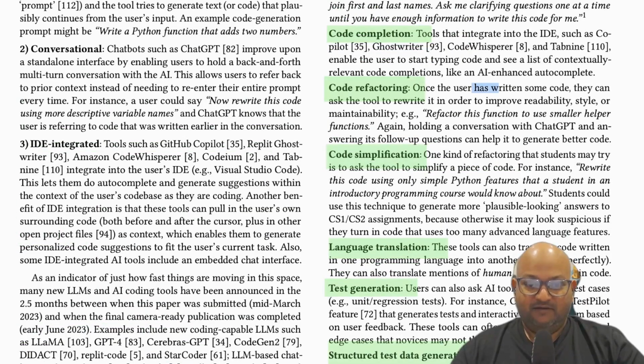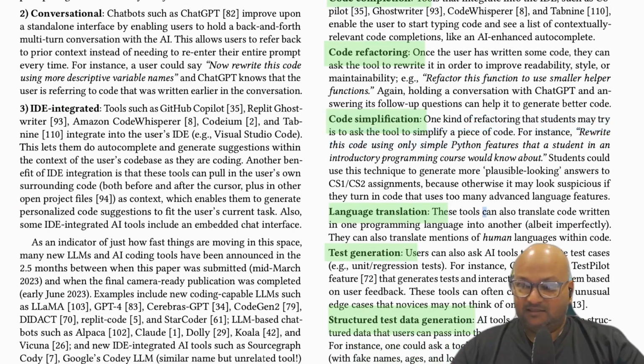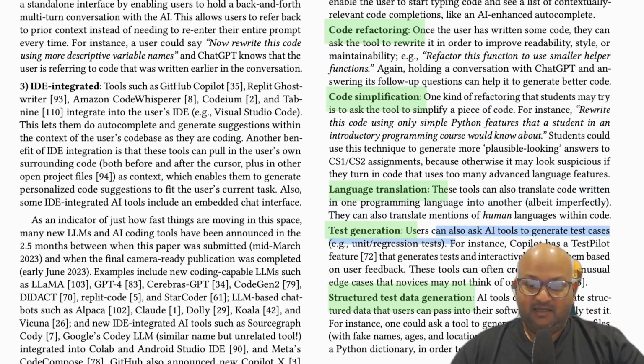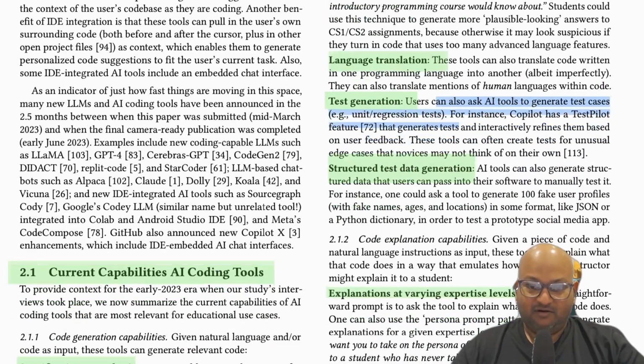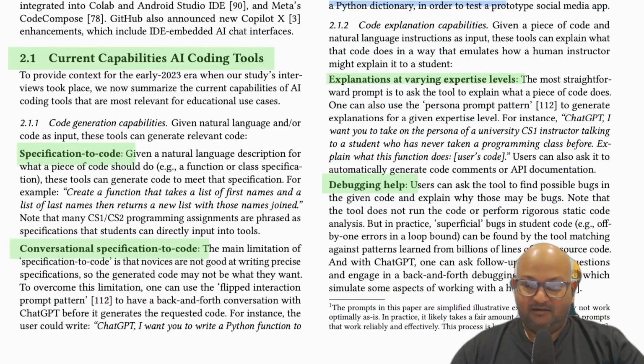You can refactor code. You can ask it to simplify code. You can ask it to translate code from one programming language into another. Given a piece of code, you can ask it to generate tests for that code. You can even ask it to generate synthetic test data for your tests. And going beyond just writing code, you can ask it to explain pieces of code.